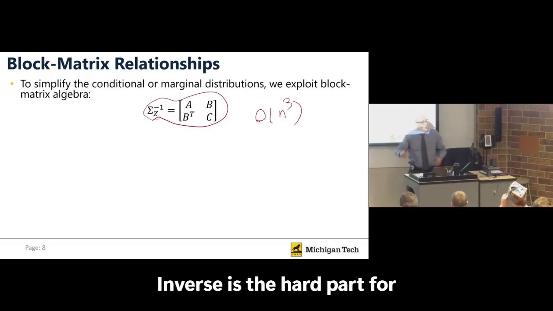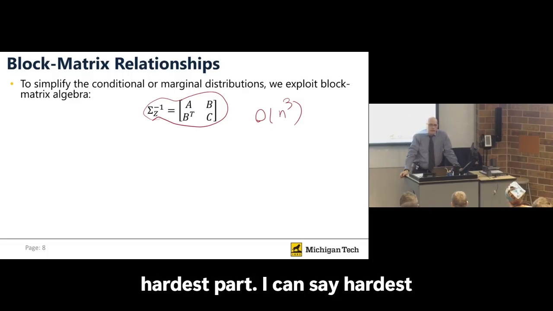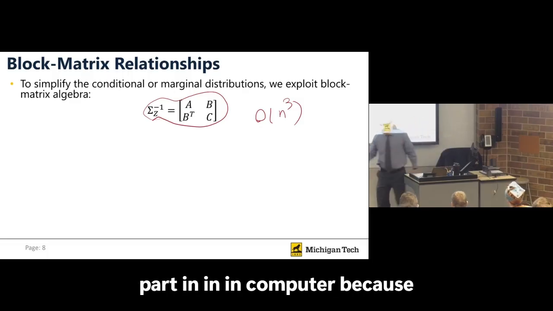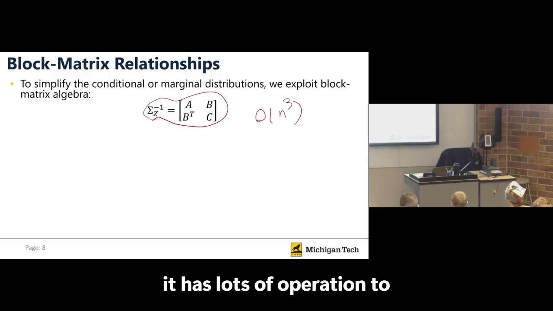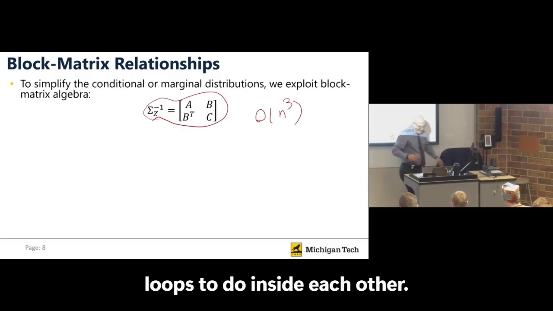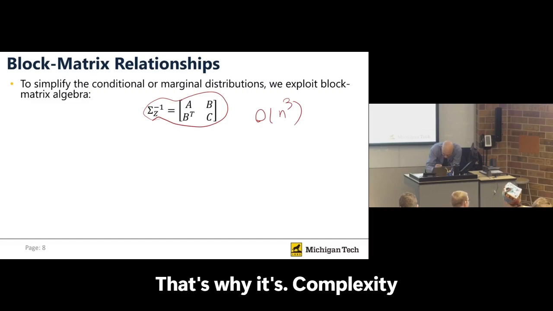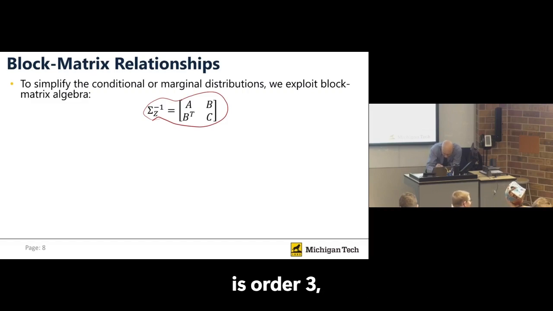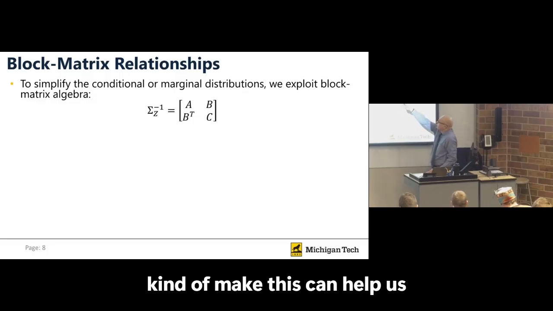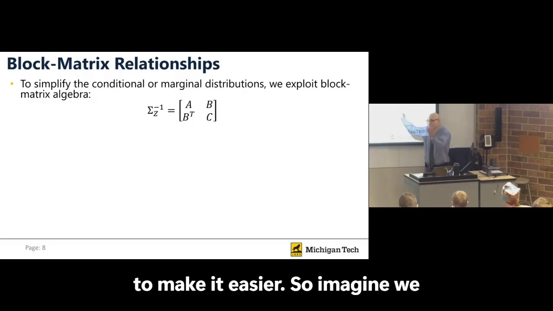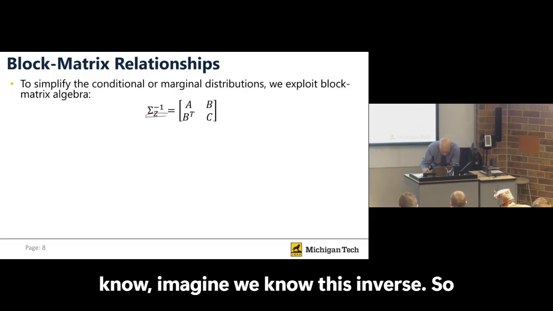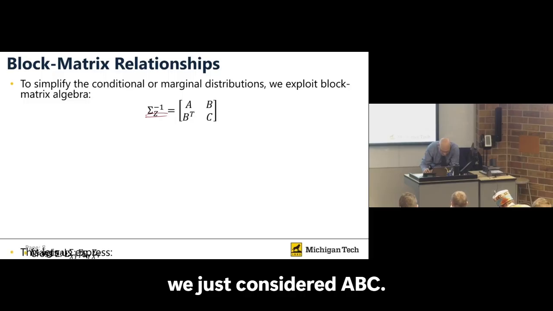Computing an inverse is the hardest part, I can say, in a computer, because it has lots of operations to do. It has like three loops inside each other. That's why complexity is order three. But this is going to help us make it easier. So imagine we know this inverse. We just consider it A, B, C.